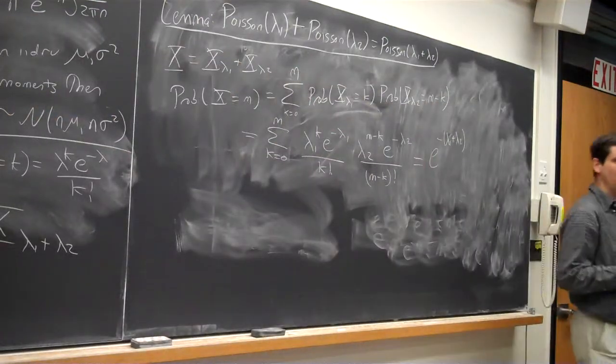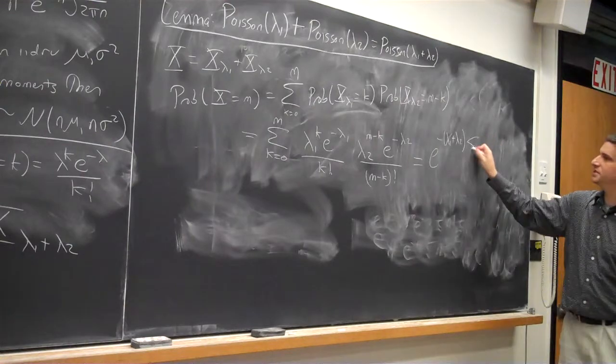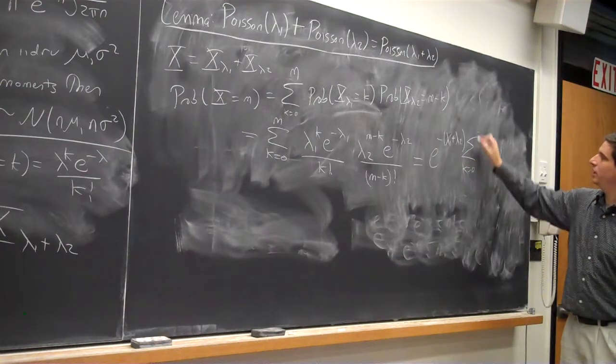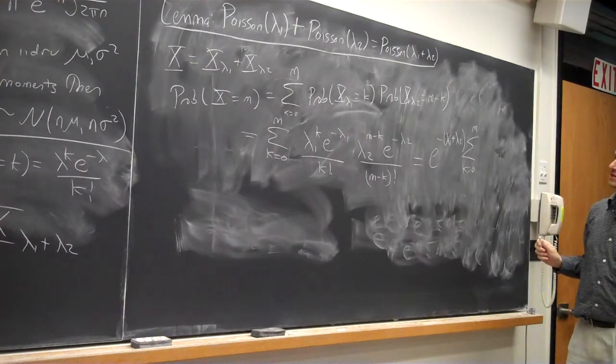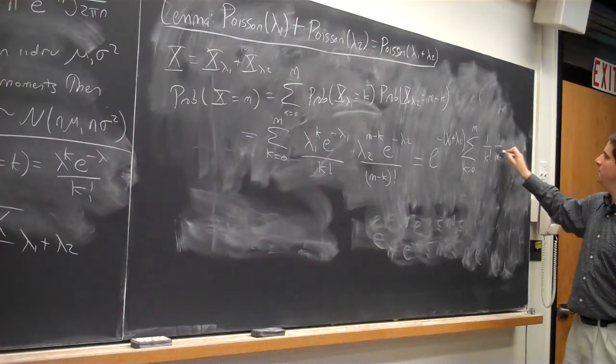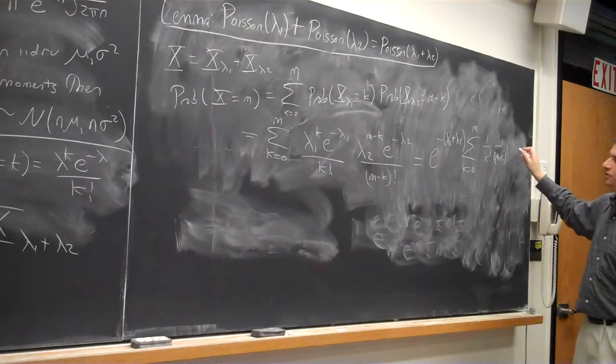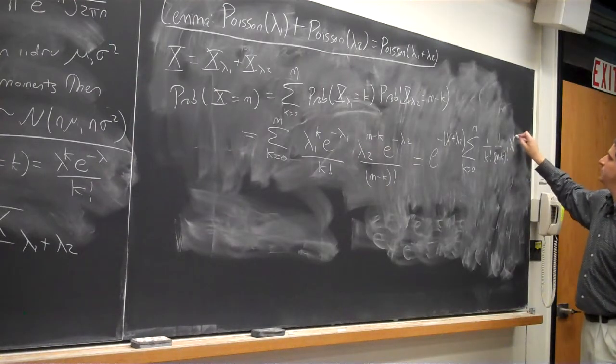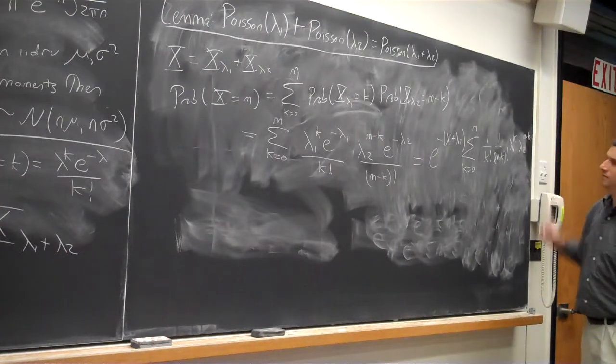Now what are we left with? We're left with the sum, k goes from 0 to m. There's lots of ways to write this. I'll write it as 1 over k factorial, 1 over m minus k factorial, lambda 1 to the k, lambda 2 to the m minus k.